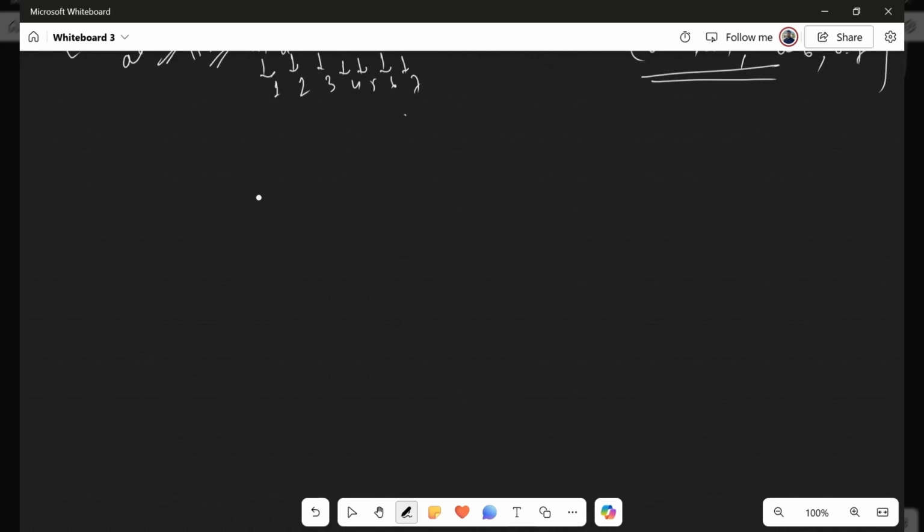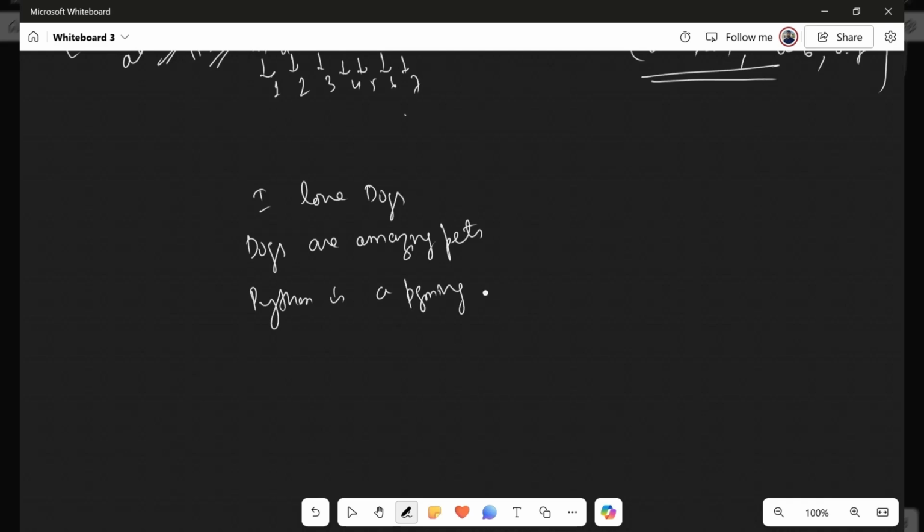Now let me embed these three sentences. I love dogs. Next, one more sentence: Dogs are amazing pets. And the third one is: Python is a programming language.